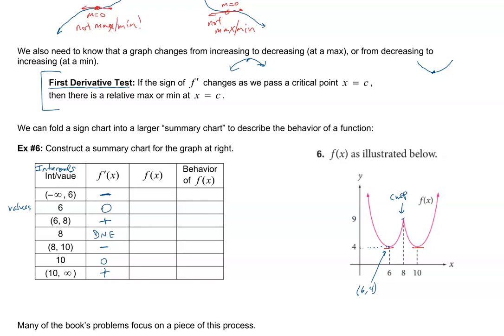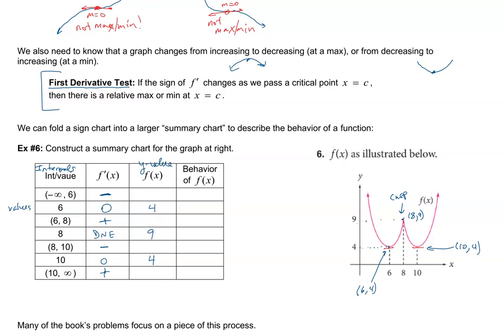So we can say that f of x is equal to 4 at the point 6. The slope is 0, and the y value is 4. So that f of x column is asking for a y value. So we've got 4 for 6, and again at x equals 10, that point is 10, 4. So the y value for x equals 10 is 4. And then the y value at x equals 8 is 9. So we've got a point at 8, 9. So in the f of x column, we can be very specific.